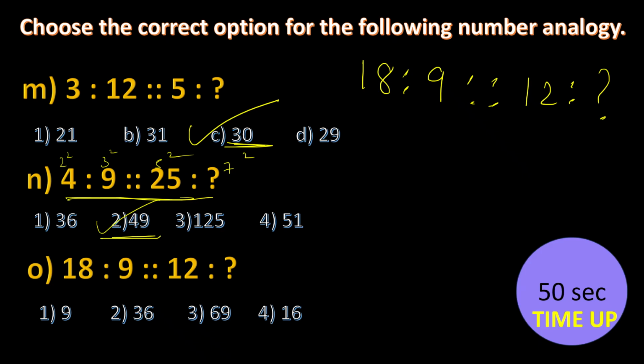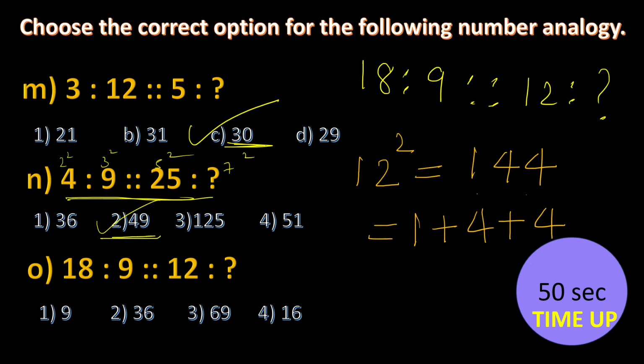Okay. So if I take 12 square, which will give you 144. So when I add this, 1 plus 4 plus 4. Okay, understanding students? 12 square is 144. But I need to add 1 plus 4 plus 4, which will give me 9 as the answer.